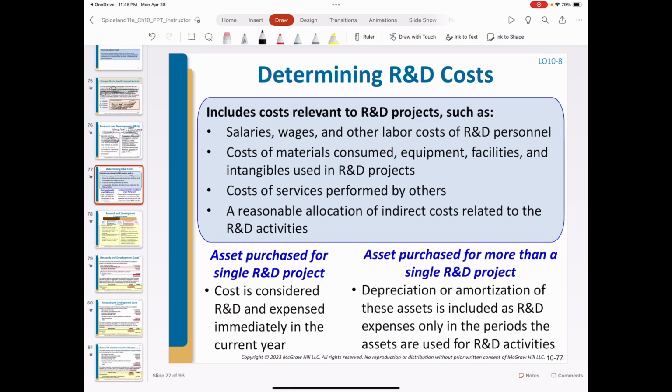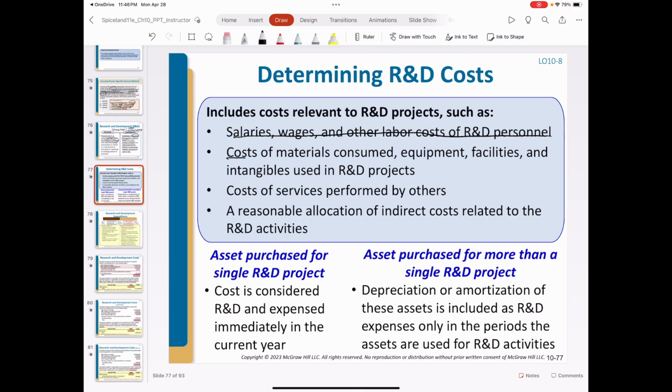So what is included in the R&D costs? It includes the salary, wage, and labor costs of the R&D personnel. This represents the salaries and wages payable to the scientists, researchers, and their assistants.